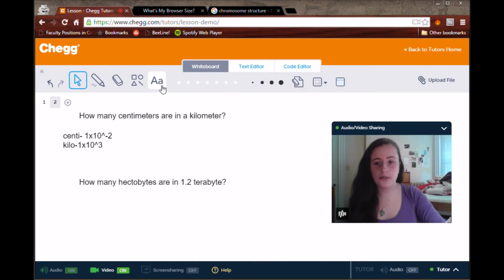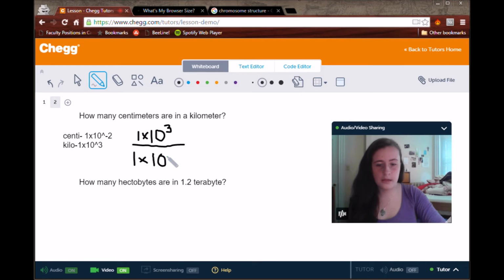So in order to do this, all you have to do is divide 1 times 10 to the 3 by 1 times 10 to the negative 2, where you will get, of course, 1 times 10 to the 5th.